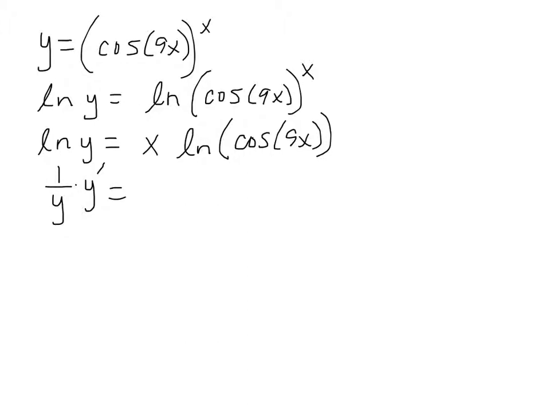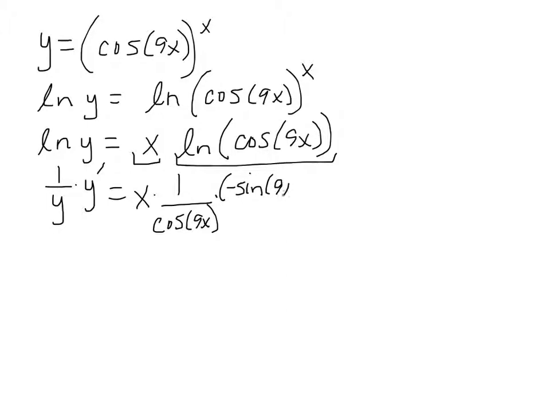And then on this side again I have a product, or I have two parts. So the first times the derivative of the second. The derivative of the second, for this ln function, is going to be 1 over exactly what's there times the derivative of what's inside, and the derivative of cosine is negative sine. But then that's also a chain rule piece because I had the sine of 9x, so I need to multiply all of this times 9.